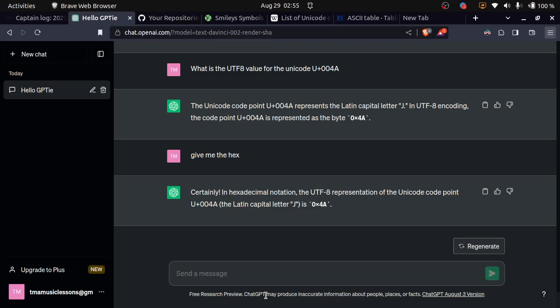So I will give you a UTF-8 value for you to provide the Unicode code point.